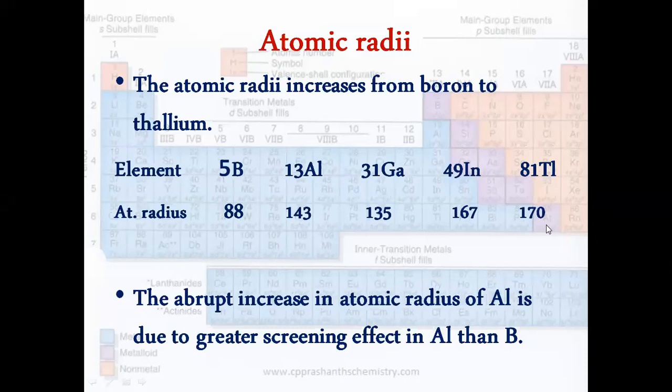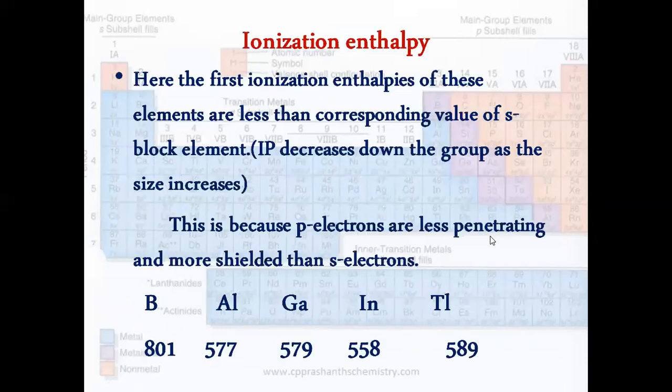With respect to ionization potential or ionization enthalpy, from boron to thallium the ionization energy gradually decreases, because IP values decrease down the group as size increases.